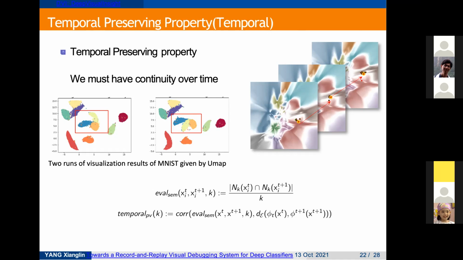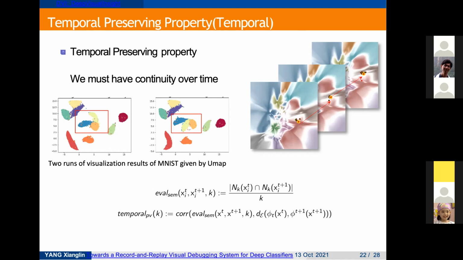Even though the input data is the same, the visualization result is different. In the middle, the positions of 3 clusters changed. But since we need to align the visualization results over time, this cannot happen, so we must have continuity over time.